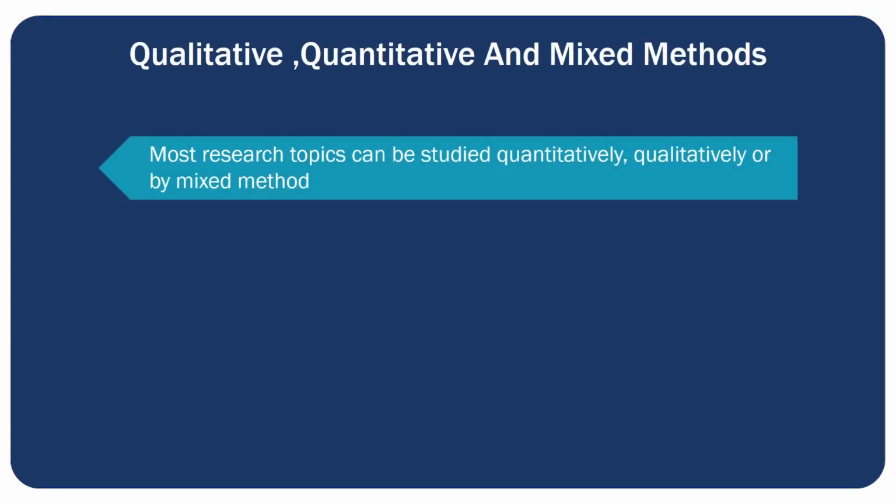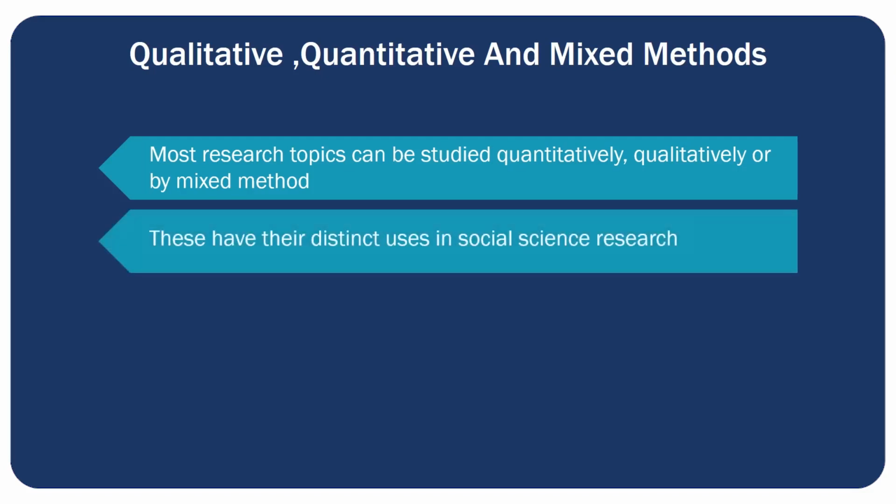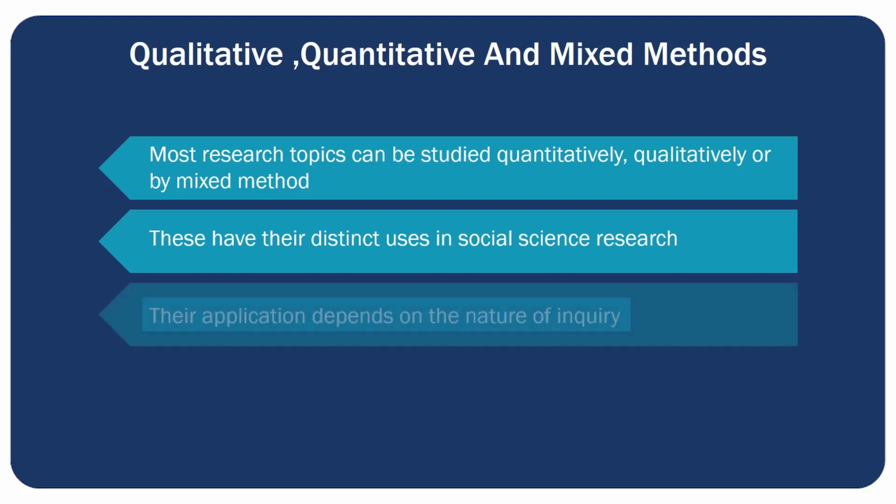One can understand any research topic or study either through quantitative methods, qualitative methods, or mixed method. That means the same problem can be studied in different ways. These three have distinct positioning in social science research as far as the designs are concerned.